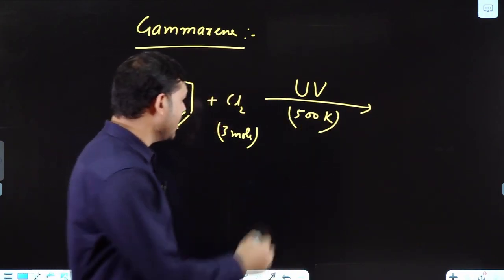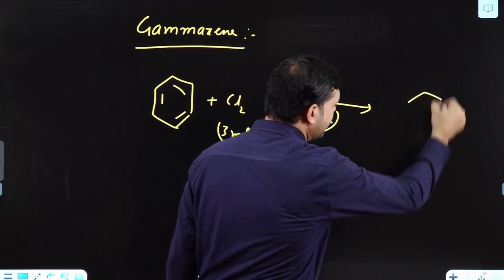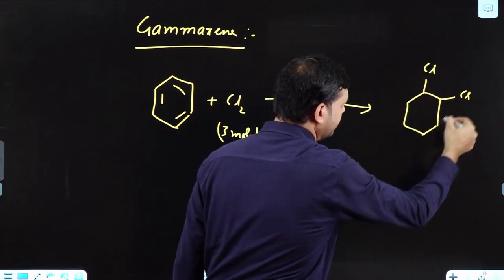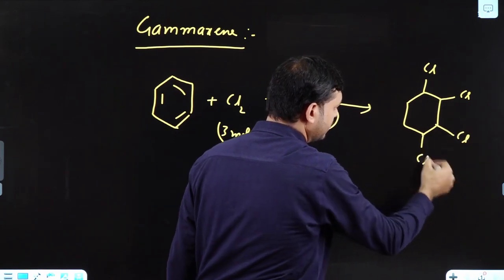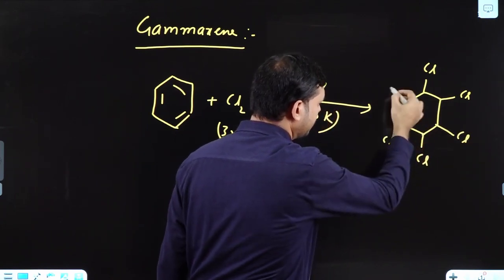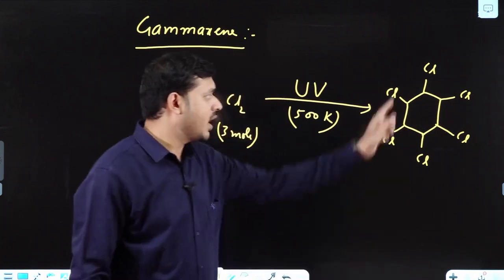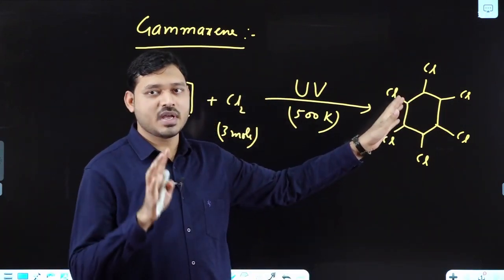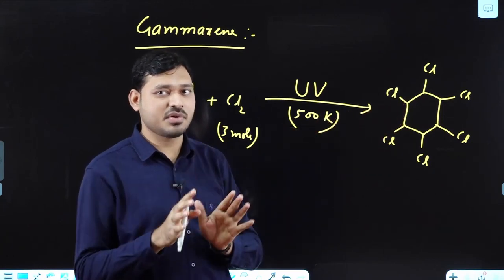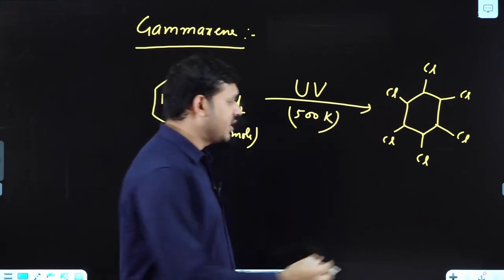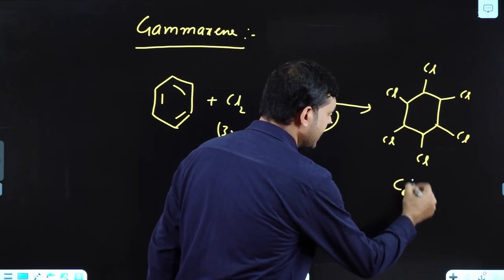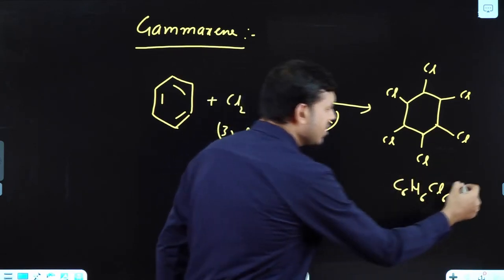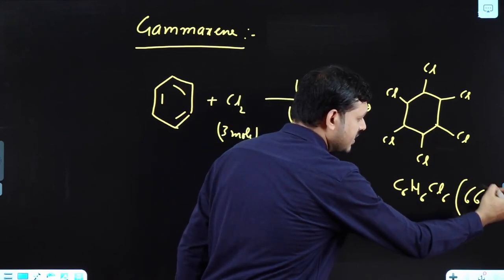Then the compound which you get has one, two, three, four, five, 6 chlorine, 6 hydrogen and 6 carbon. So it is called C6H6Cl6. Okay. It is also represented as 666.